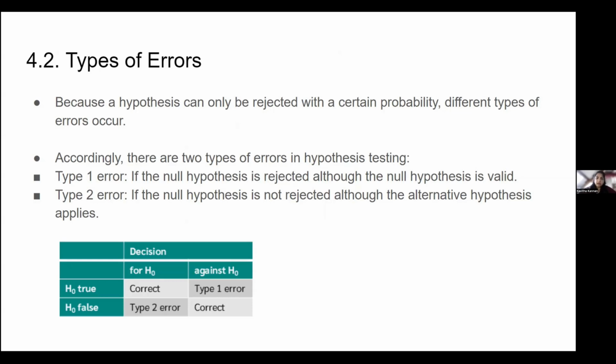You can't rather send an innocent to jail, like I said earlier, without having enough evidence. So that would be a type 1 error. If the null hypothesis is rejected, although the null hypothesis is valid, then that is a type 1 error. And a type 2 error is when the null hypothesis is not rejected, although the alternative hypothesis applies.